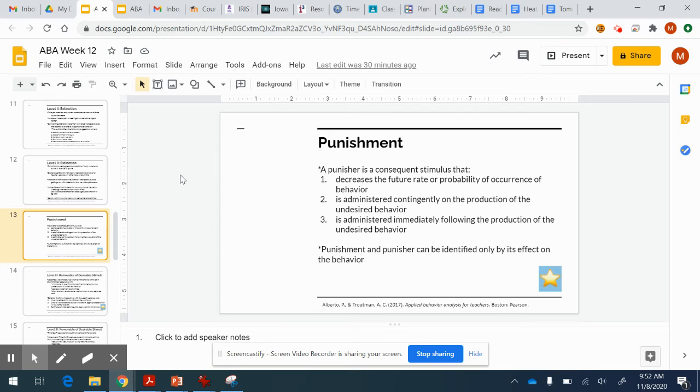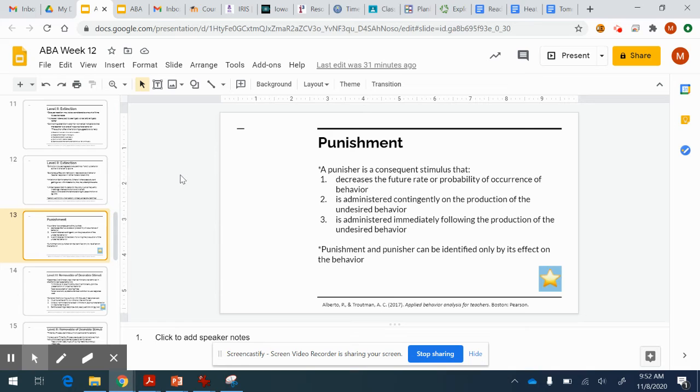Punishment and punisher, both words, can be identified only by their effect on the behavior. For example, if I send a student to the principal's office as a punishment, but that student's function of behavior is to get attention, and they go to the principal's office and the secretary talks to them, and they get to talk to everyone that walks by the office, that is not a punishment.